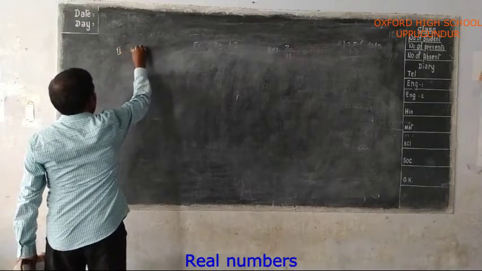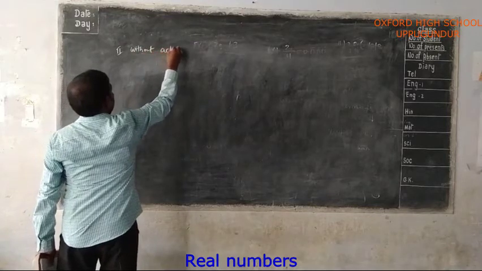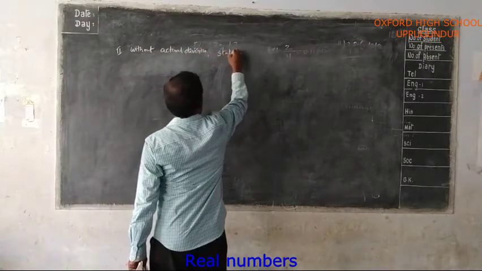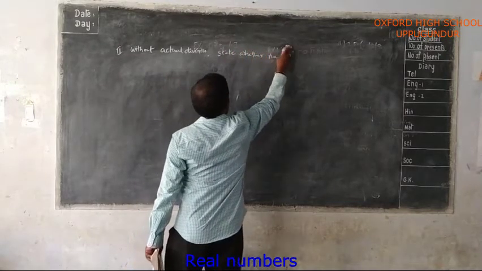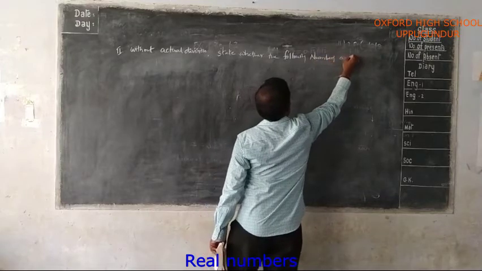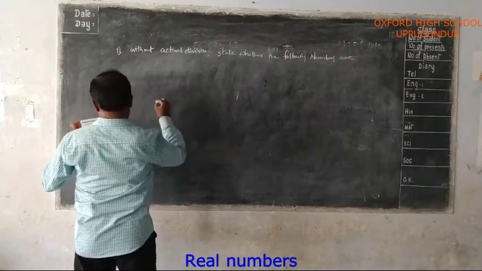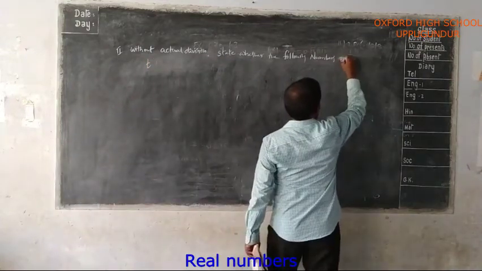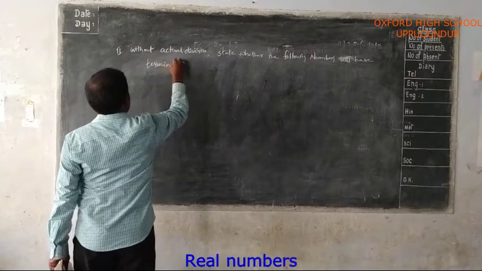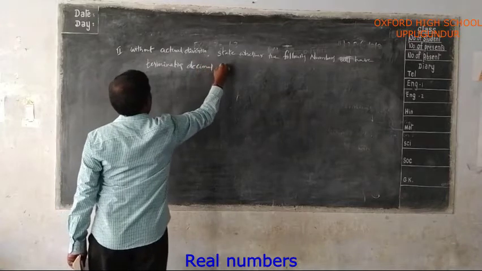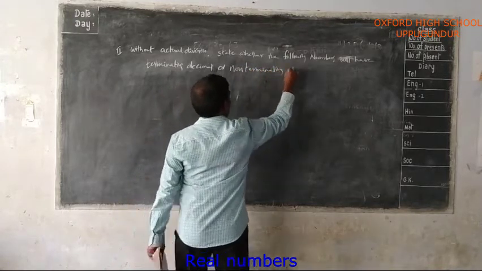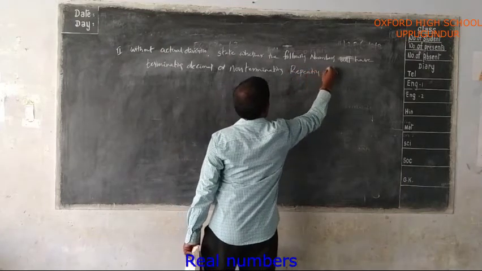Second row. Without actual division, state whether the following numbers will have terminating decimal or non-terminating repeating decimal.